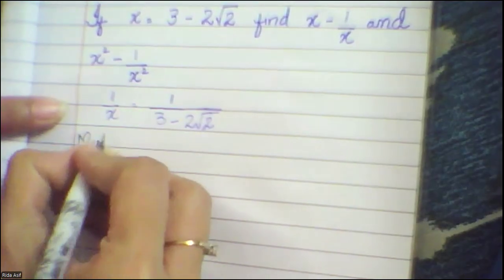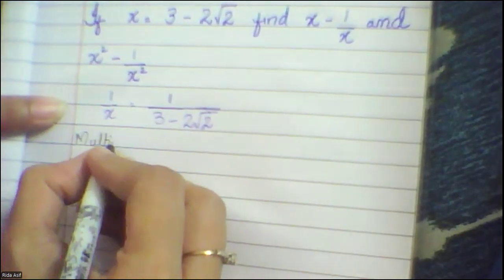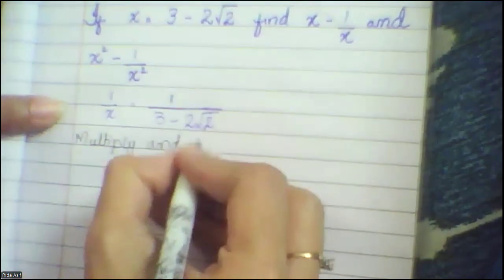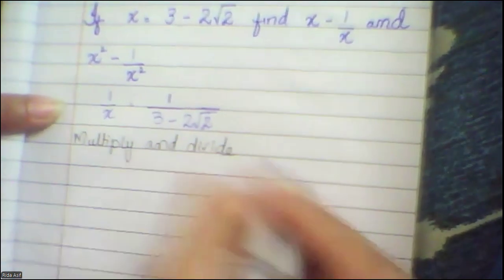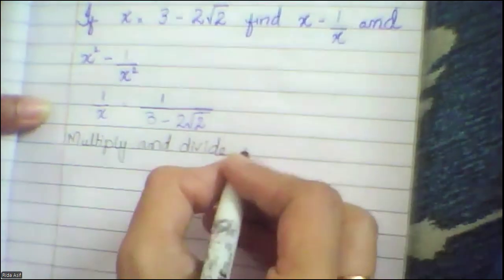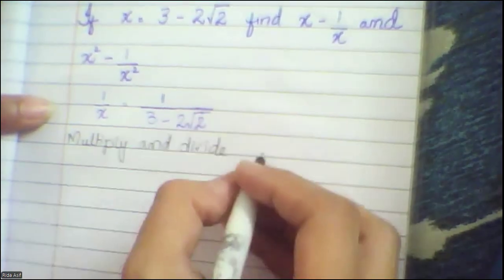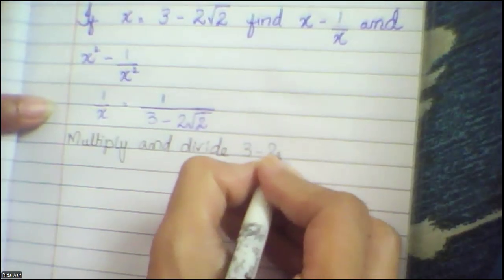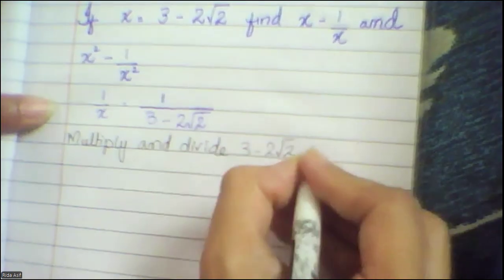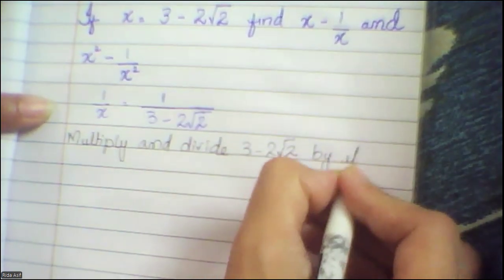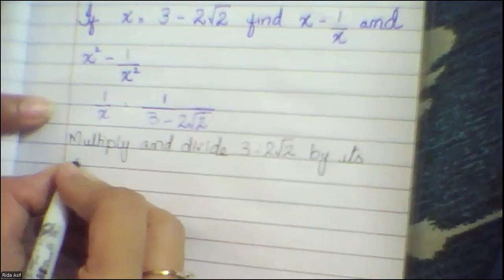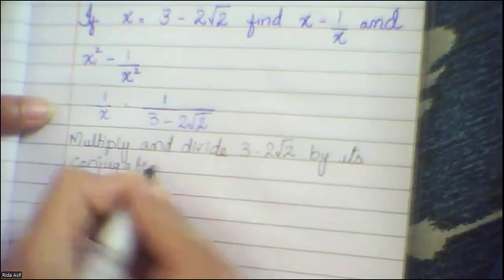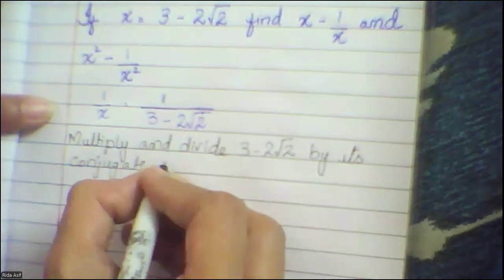We have to multiply and divide 3 minus 2 root 2 by its conjugate. What is the meaning of conjugate?